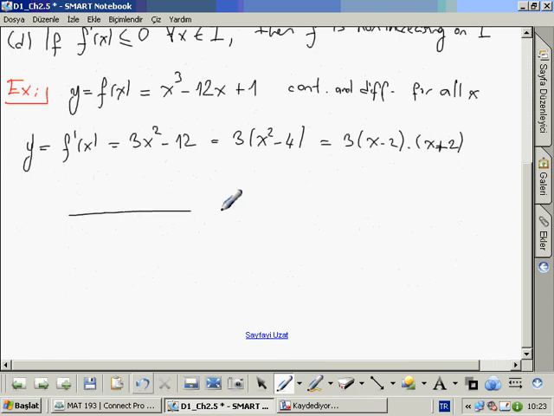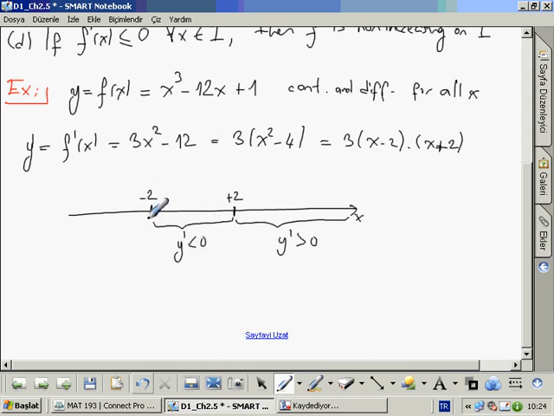We know that on the real line, minus 2 and plus 2 are the factors of this y prime. We know that y prime will be larger than 0 at this part, and for this part y prime is less than 0, and again y prime is larger than 0.